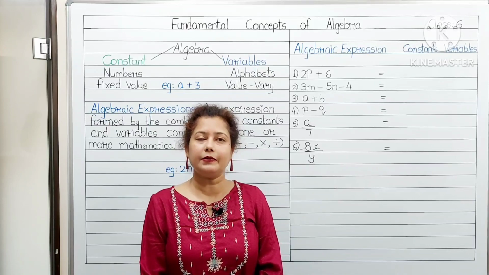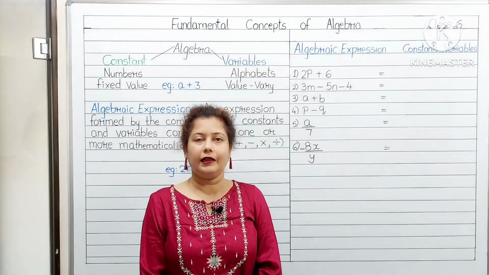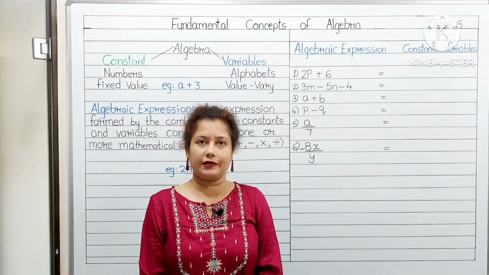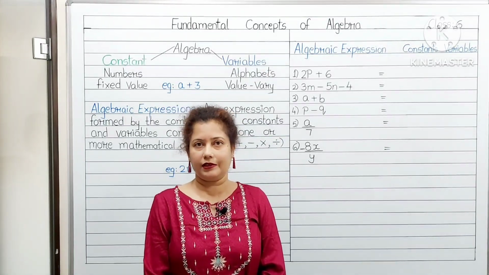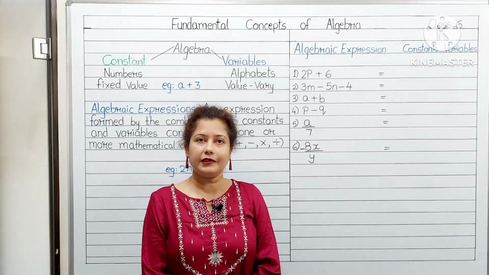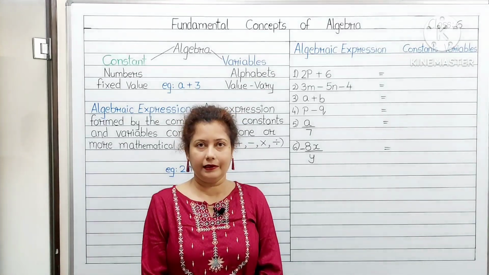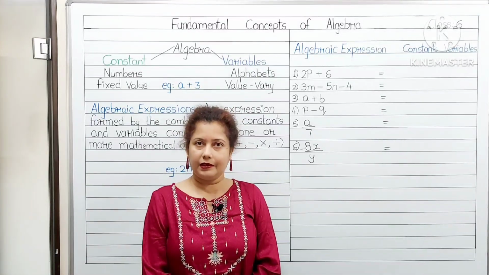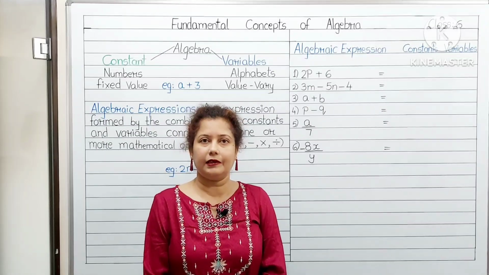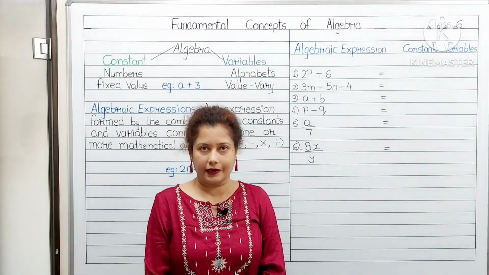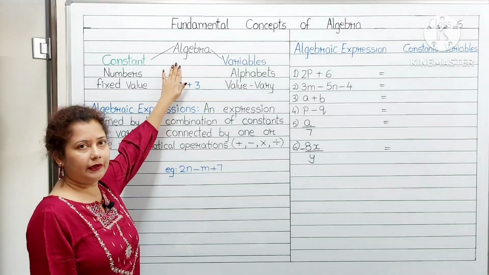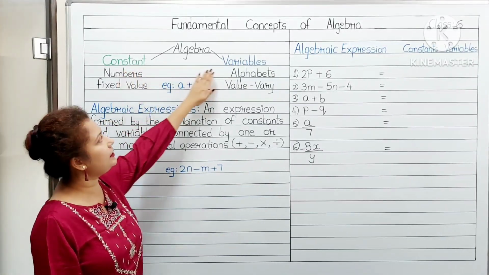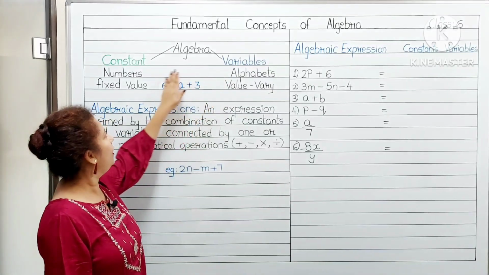We have studied different branches of mathematics like arithmetic, in which we have studied numbers, addition, subtraction, multiplication, etc. In geometry, we have studied lines, different shapes, etc. Similarly, now we will understand what algebra is. Algebra consists of two main parts, that is constant and variable.